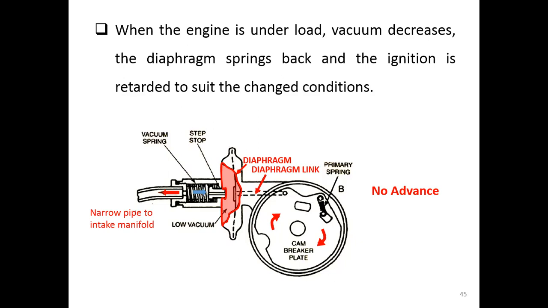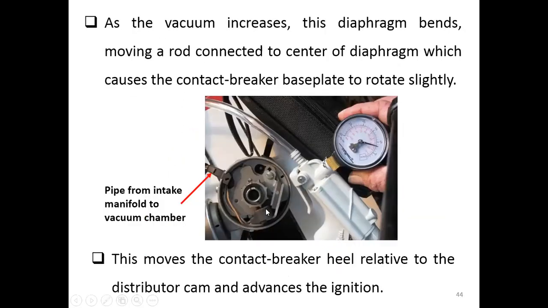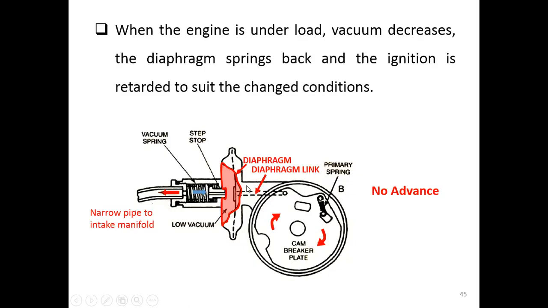So more compression happens, and vacuum is less because of that. When the vacuum pressure is less, the spring force is higher, so it will bend the diaphragm back, and the cam plate moves. So no need to advance more. No advance happens under loading.